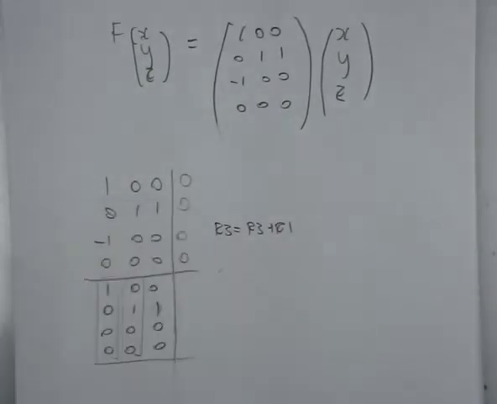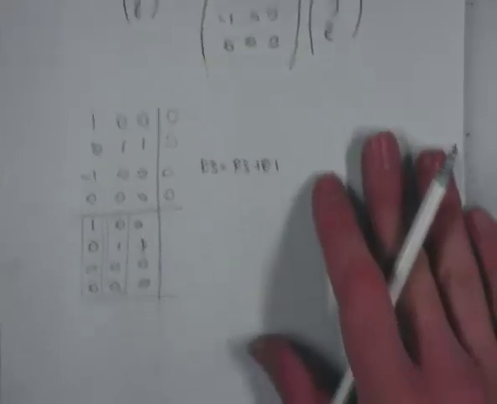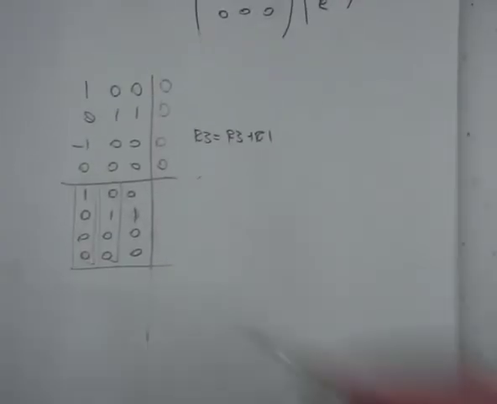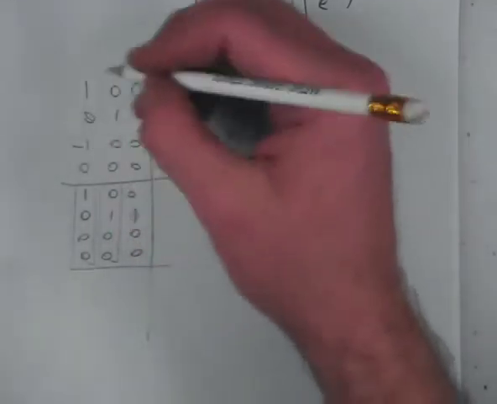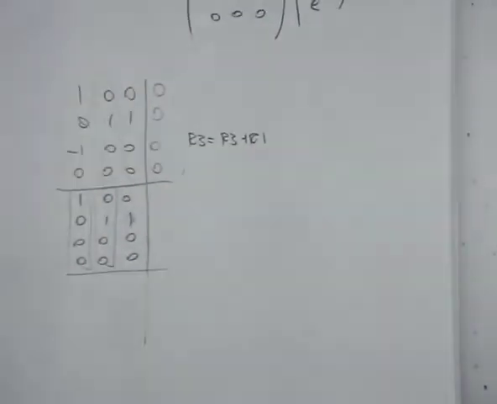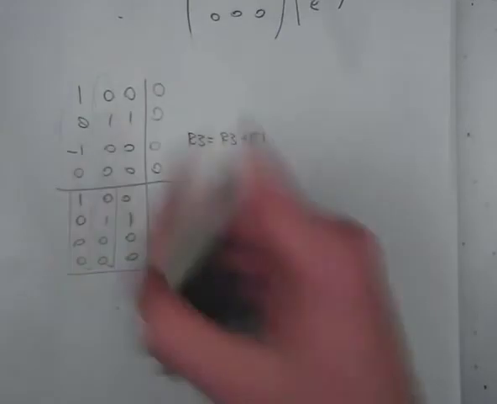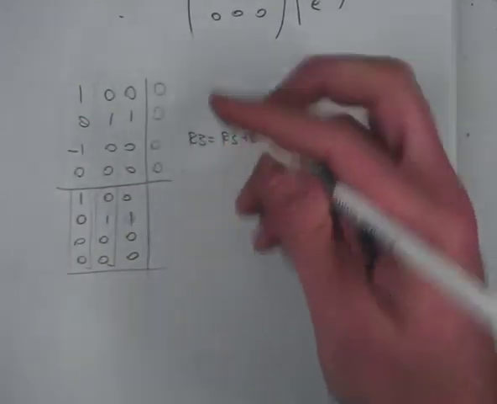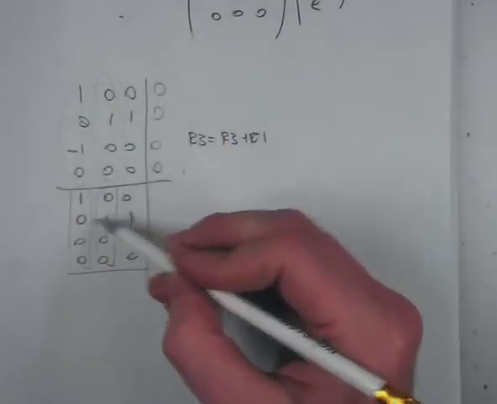The original columns that they came from, they are the basis for the column space, and hence the basis for the range. Okay? So we have the original columns they came from are here. So we have, I'll get to that in a second, I'll do the kernel first. We have two pivot columns here.